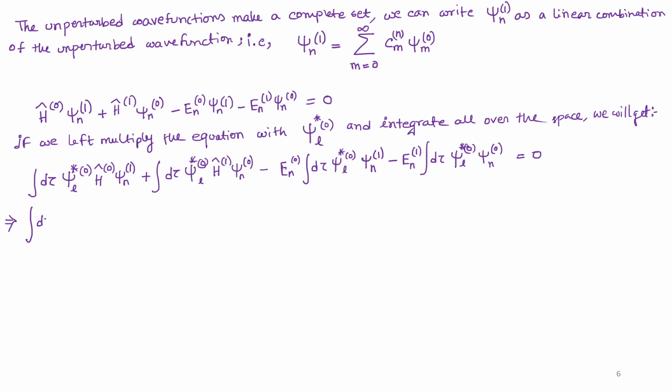Let us continue. Psi L zeroth star, now this is the sum over m equals 0 to infinity of Cm n psi m zeroth, plus the integral d tau psi L zeroth star H1 psi n zeroth.